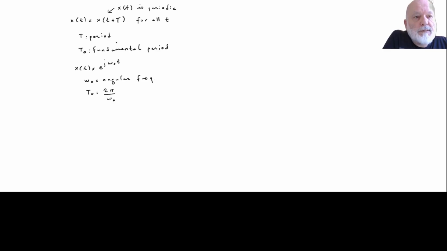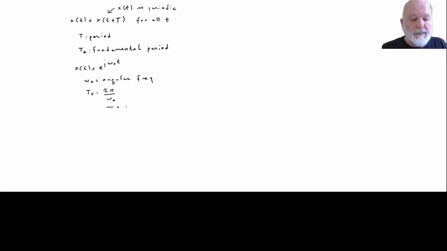Complex exponential signals are building blocks of signals. Now, what do we mean by this? This means that we will be able to represent arbitrary signals in terms of a superposition of complex exponential signals. So, how do we do that?